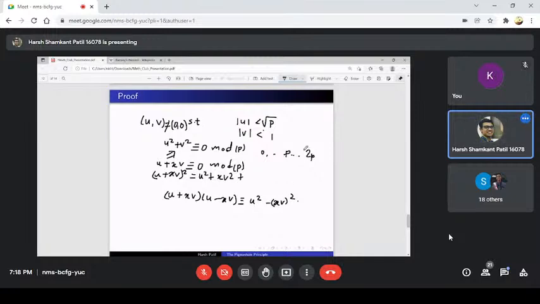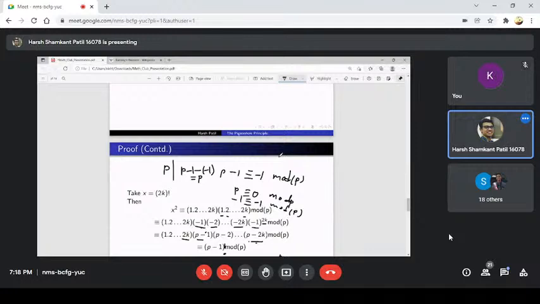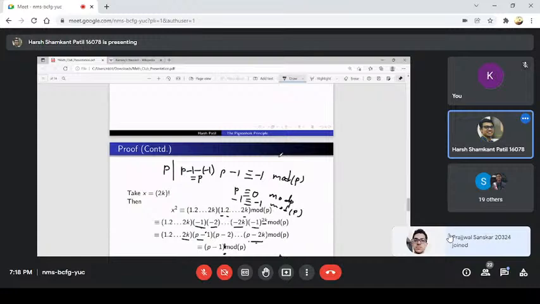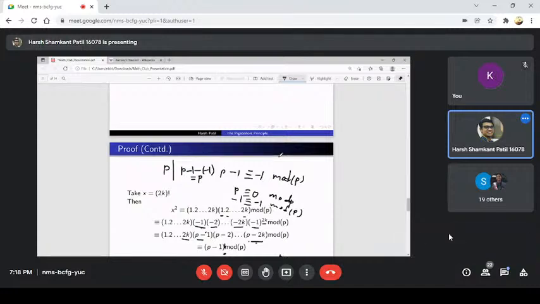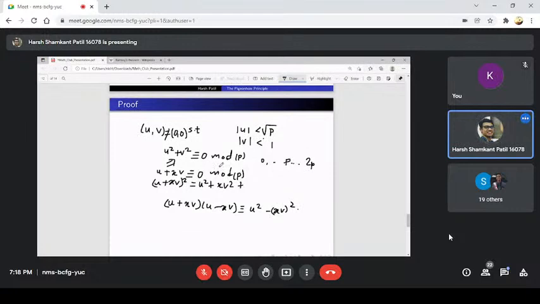I seem to have missed something. The idea was to factor this equation like this, so what this would be is u square minus, since x square is minus 1, v square, which is u square plus v square.